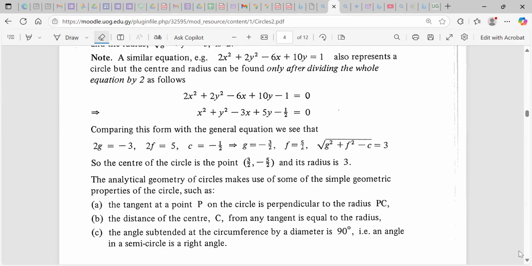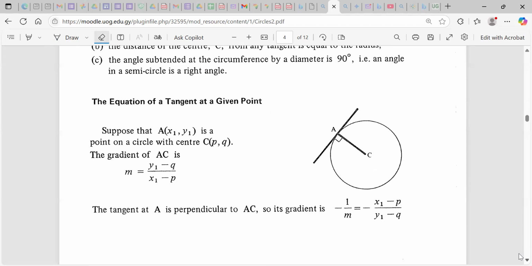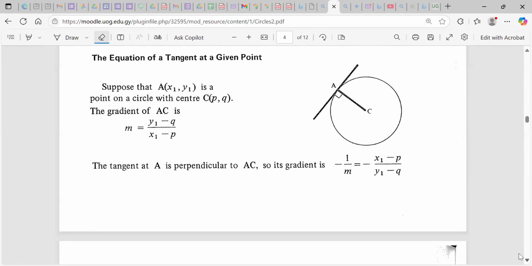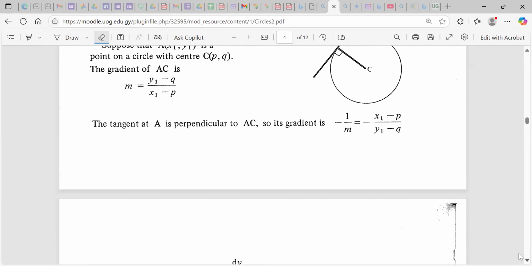So I guess in the last course that you did, you probably went into tangent to a circle. How a particular line is a tangent to a circle, because you all know the distance formula. So if you know the center of the circle and you know where the line is, you can actually figure out how far the line is from that point.